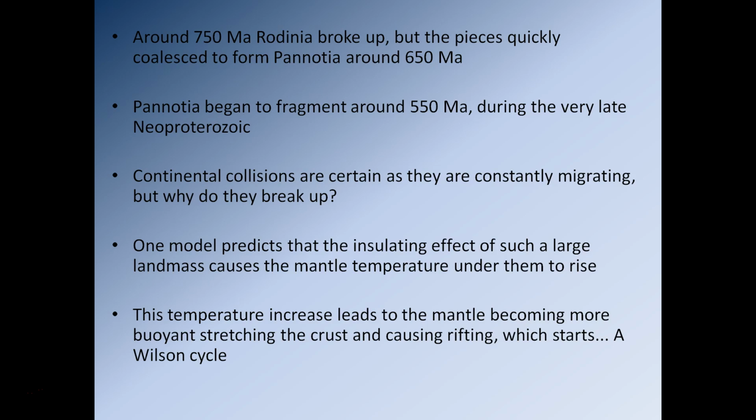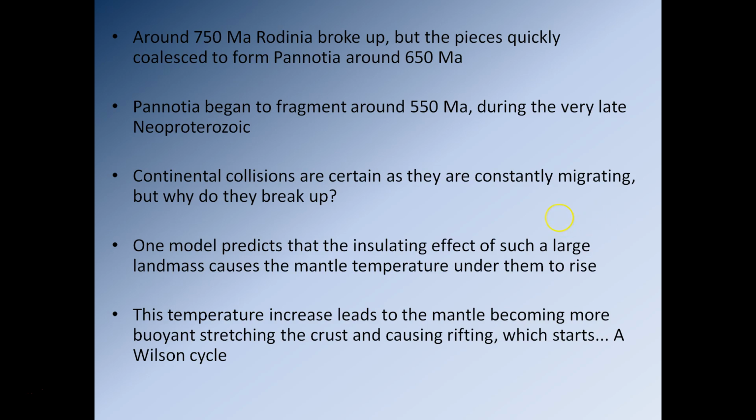They act like a very heavy duvet, trapping heat. So the mantle underneath these pieces of continental crust naturally becomes very warm. When it becomes warm, it becomes buoyant, it wants to rise, and as it begins to rise, it starts to cause the continental crust to dome up, putting it under stress. It starts to stretch it.